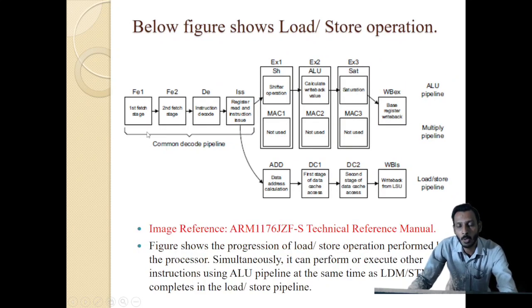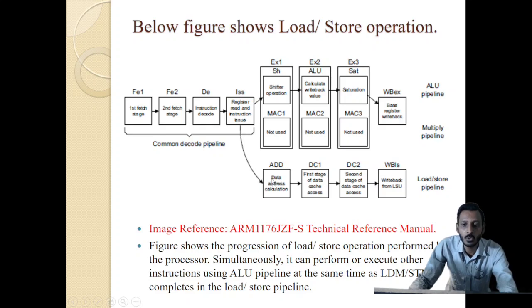The next figure shows the load store operation. In the load store operation we have 2 different conditions. Again in this diagram you can see the common decode pipeline, which has 4 stages: FE1, FE2, instruction decode, and register read and instruction issue. Then during the load store operation, the processor goes towards the data address calculation, shown by this down arrow.